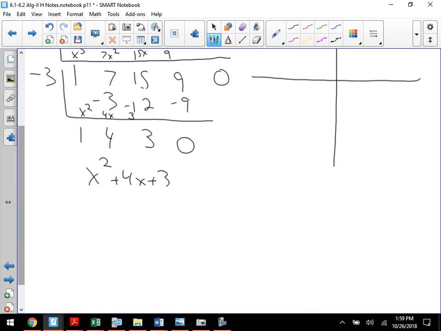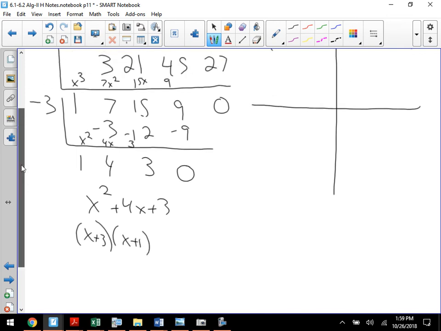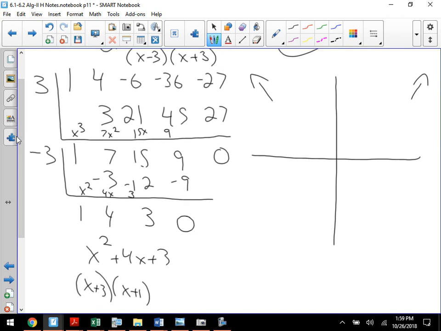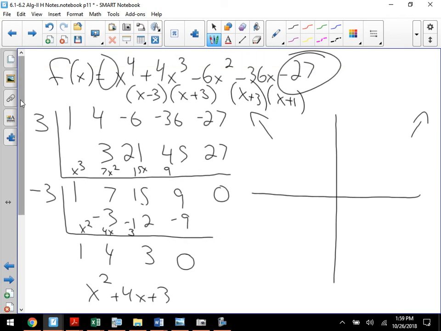What times what's 3 add together to get 4? Those are your last 2 terms. So that means, again, you don't have to fully get this right now, guys. That means that this whole function can be factored.